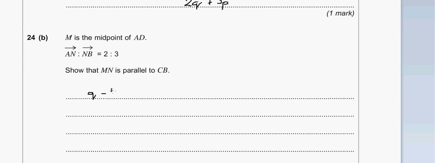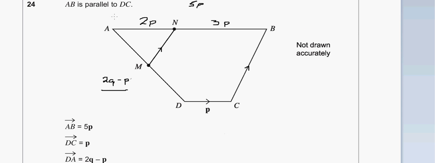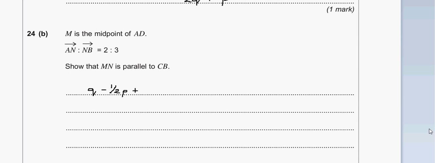So this would be q minus 1/2 p plus A to N is 2p. So A to N is 2p.